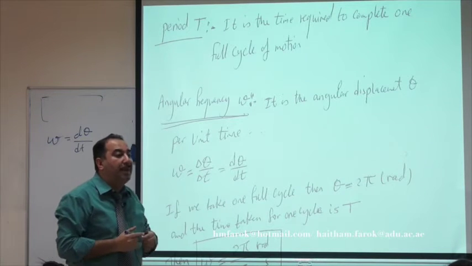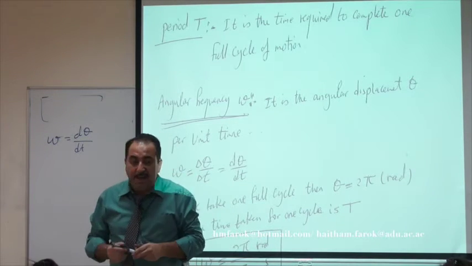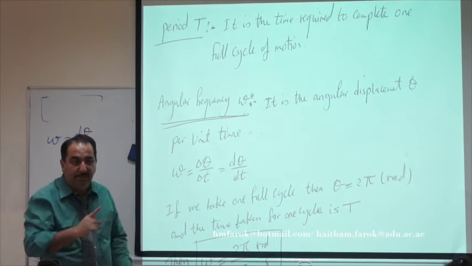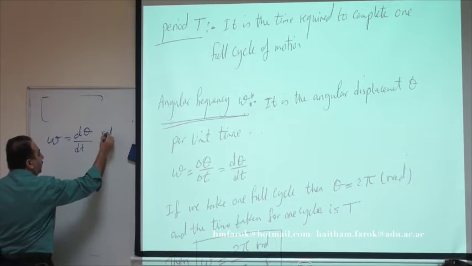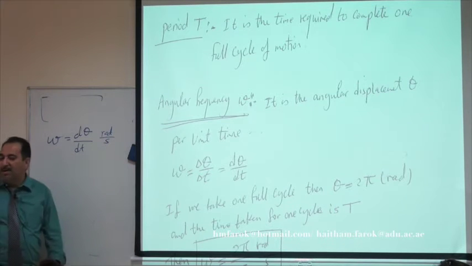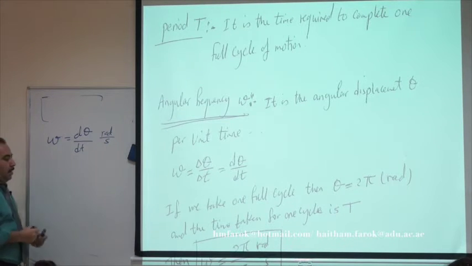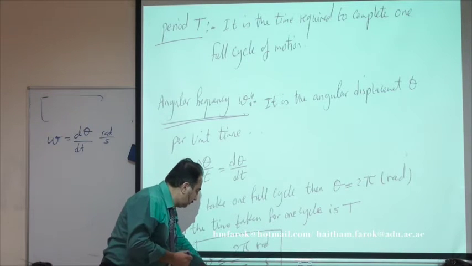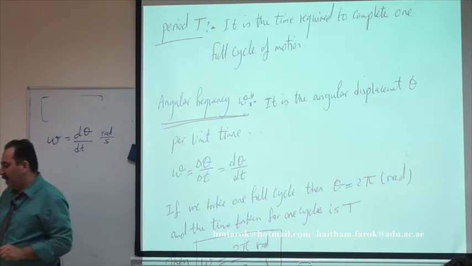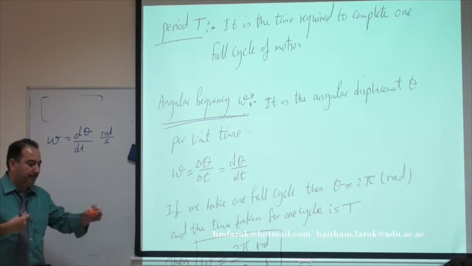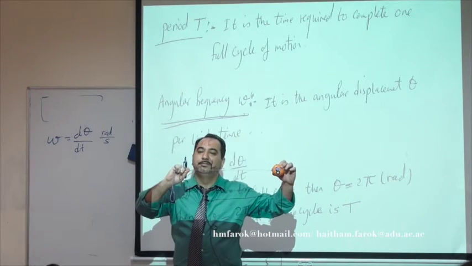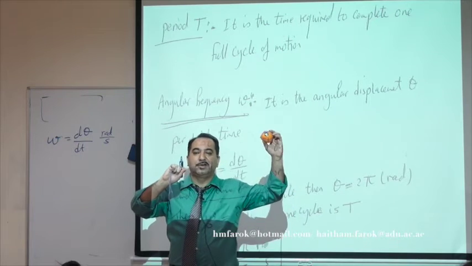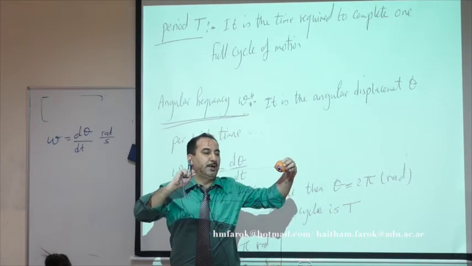Our equations are based on calculus, sine, cosine, tan, so it's not allowed to use degrees. It's radian, rad per second. Angular frequency. Now, look what I'll do, and you tell me what is omega now. What's the angle now? So if I start, go, and back to here, what's the angle?